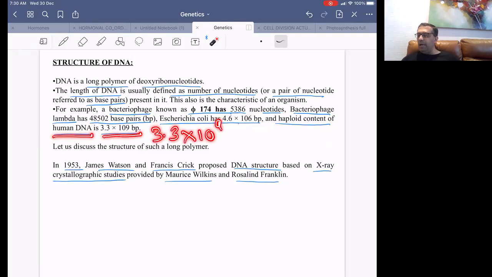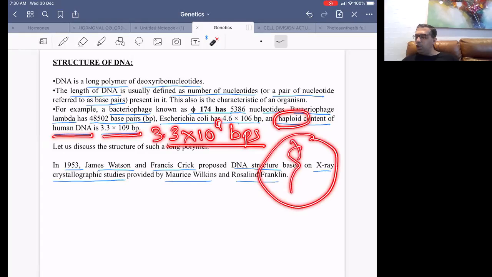That is the amount of DNA present in one haploid human DNA. By the way, a cell has in it two DNAs. One is maternal, one is paternal.